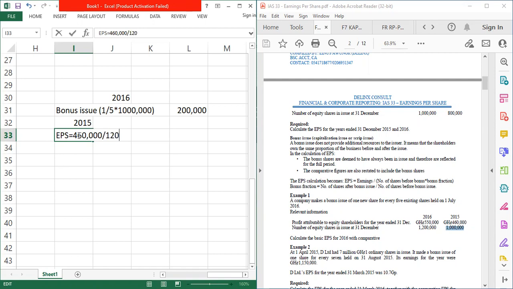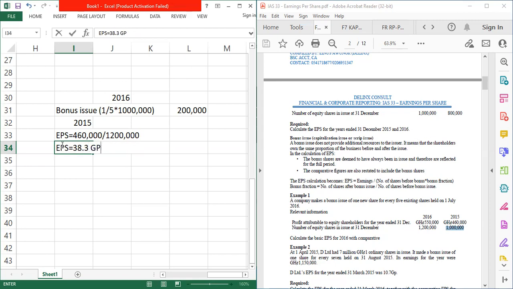So we now use the new value of the shares, 1,200,000. What will be the figure that you'll be getting? 0.38, 38.3 pesos. If you're having 0 point, multiply by 100, change it to pesos.